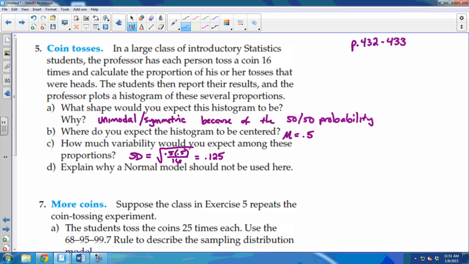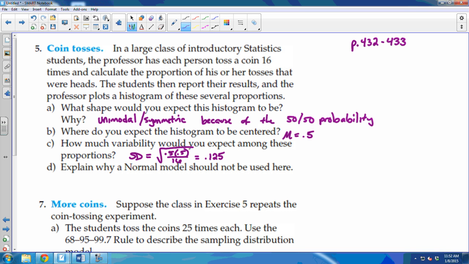I could go on to 2 or 3 standard deviations. I now have an idea of how spread apart the data is going to be.